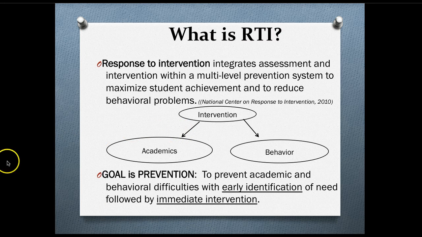The whole goal of RTI is prevention, to prevent academic and behavioral difficulties with early identification of need followed by immediate intervention. And these are some huge key words: early identification, or early intervention, because you're going to want to do your screening and then immediately get started on the intervention process.